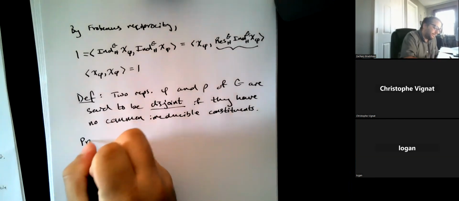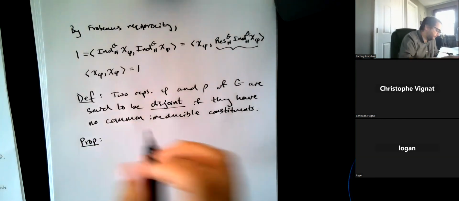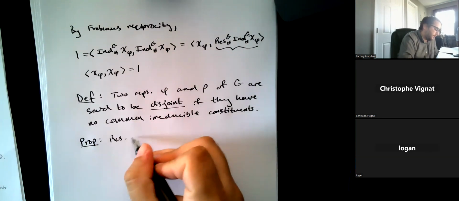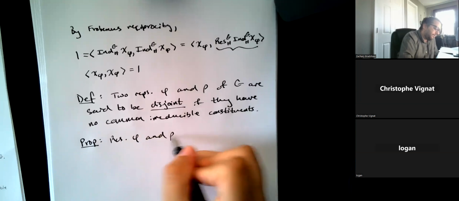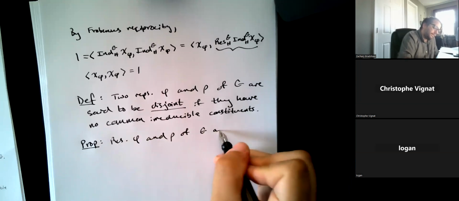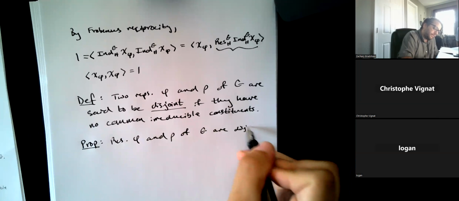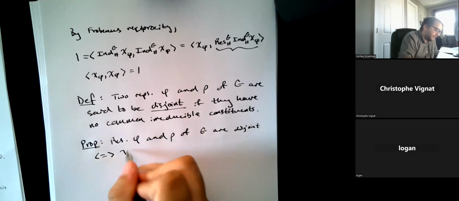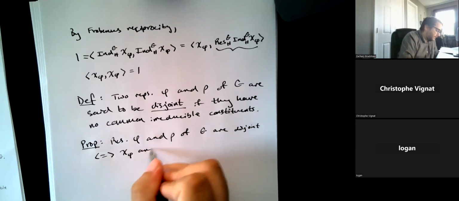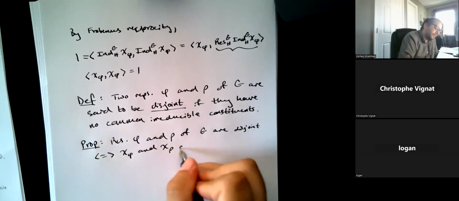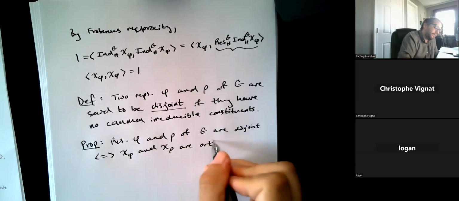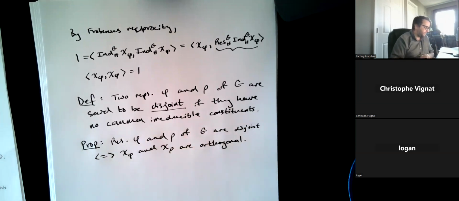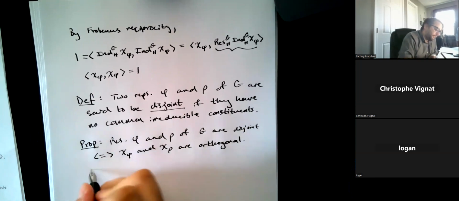So, proposition. Representations phi and rho of G are disjoint if and only if chi phi and chi rho are orthogonal. Okay, proof.